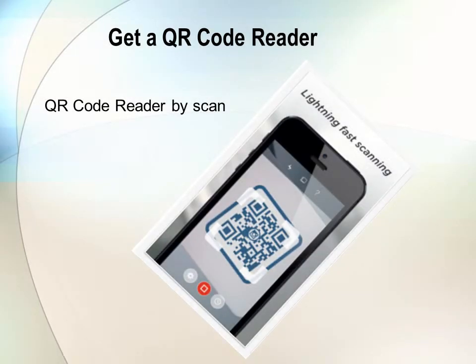Once you download the app, this is what it will look like when you first open it. You use it pretty much the same way you use the camera on your phone. Once you have the app open, put the iPad or your phone on top of the QR code, and you will see it appear on the screen, and your device will simply read or scan the QR code, and it will automatically bring you to the page that it is directed to, whether it's a text, a map or a web page.